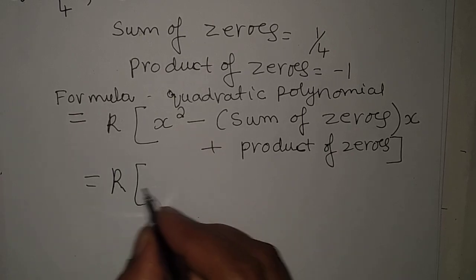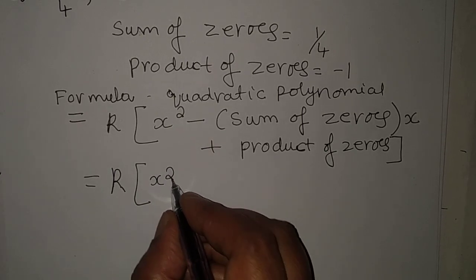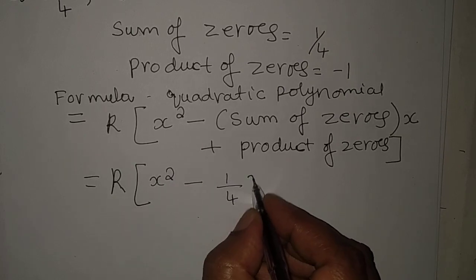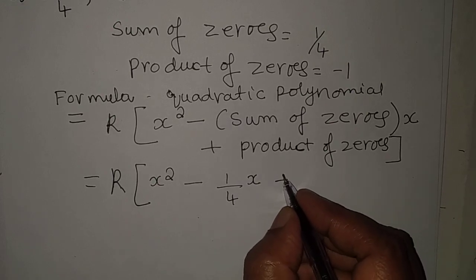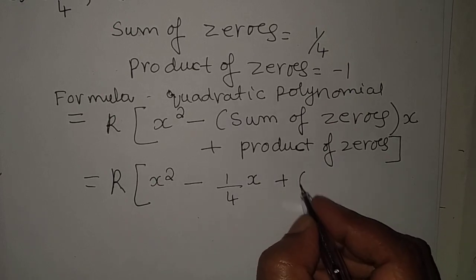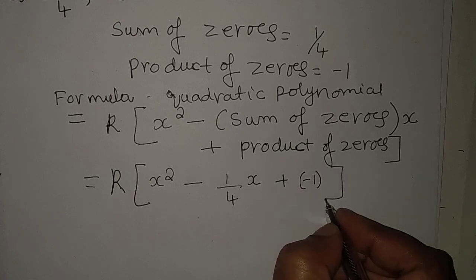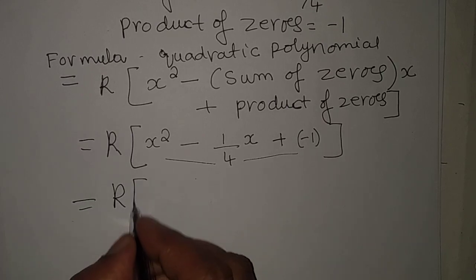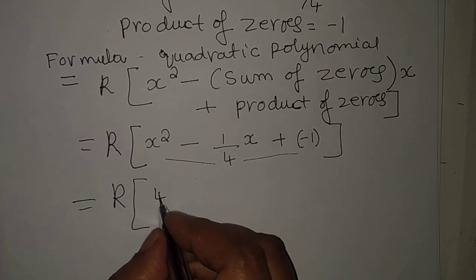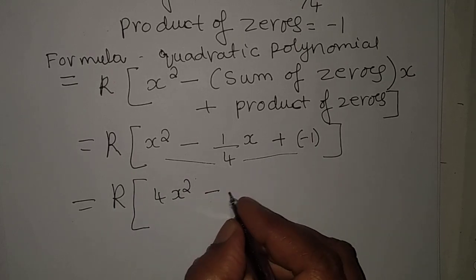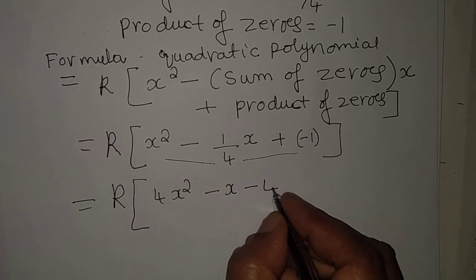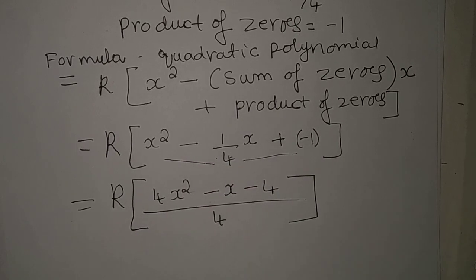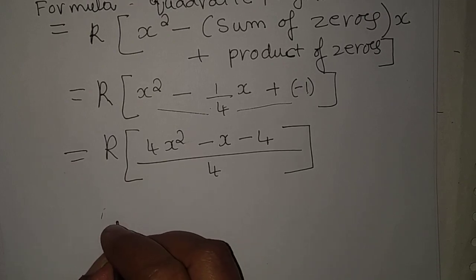So x square keep as it is, then the sum of the zeros is given as 1 by 4 in x, then plus, that is -1, the product of the zeros. Now simplify, cross multiply this: x into 4, 4x square, here minus x, here -4, and 4 is the LCM.